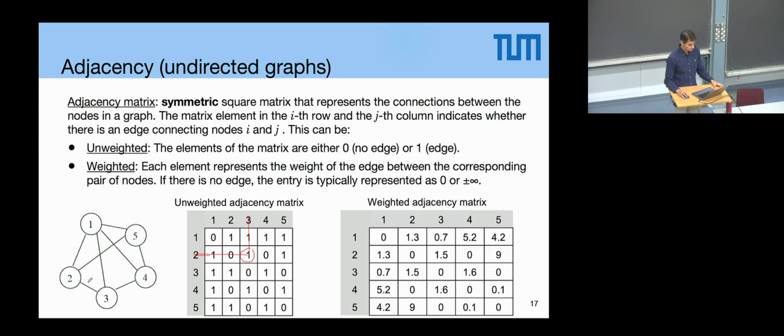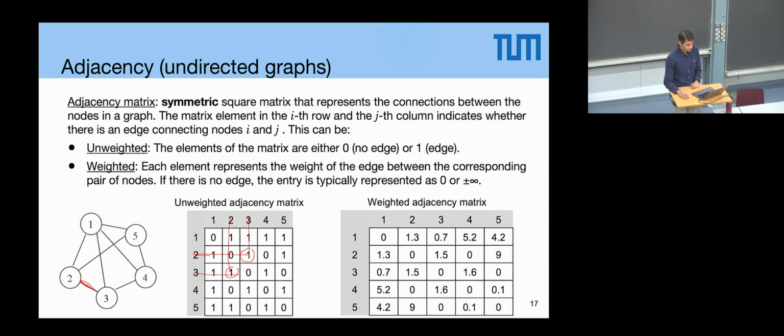So that means that we have an edge, which is this one, between nodes 2 and 3. If we check here the third row and second column, we notice there is also a 1 which corresponds to the same edge, so that is why this adjacency matrix is symmetric when we are working with undirected graphs.